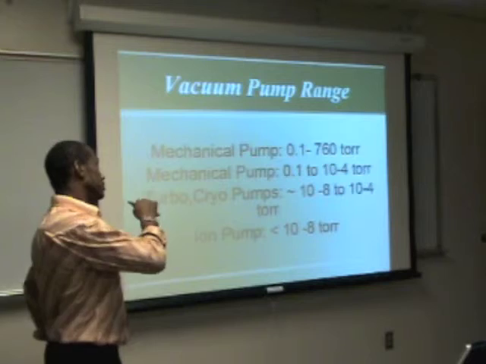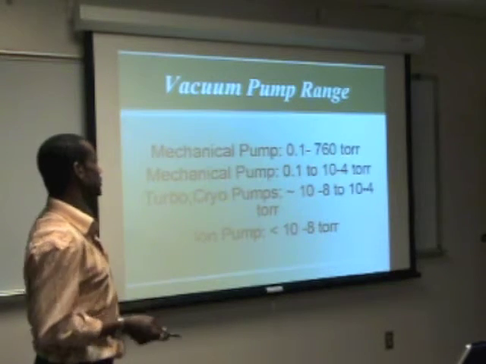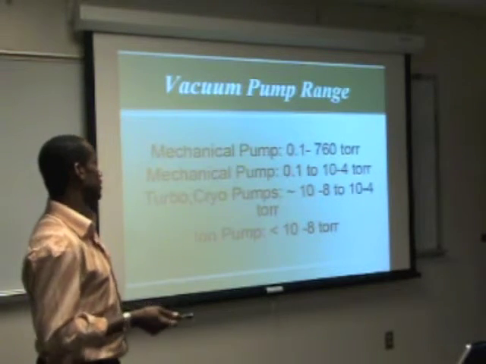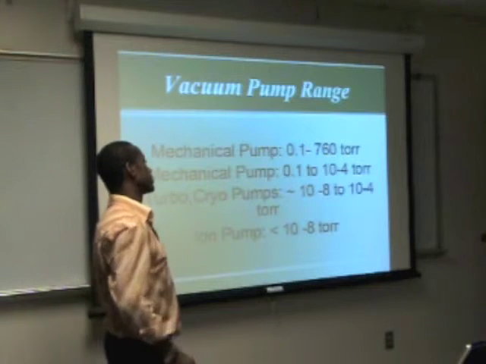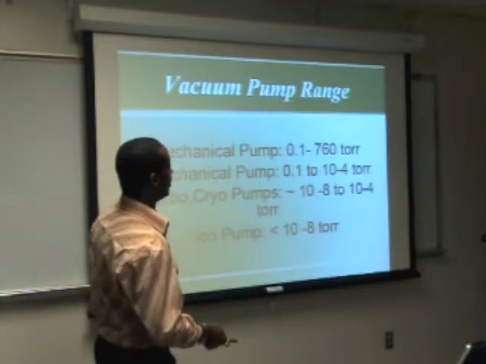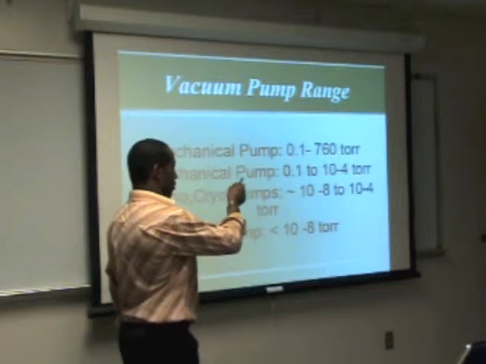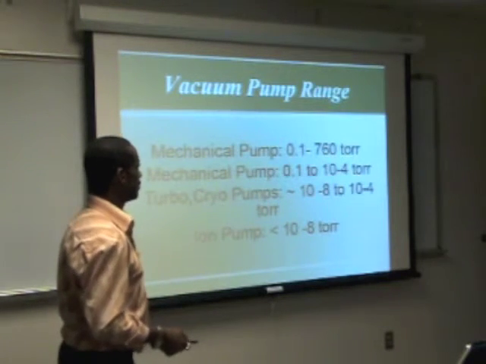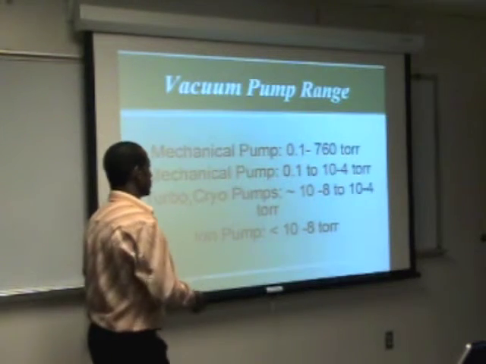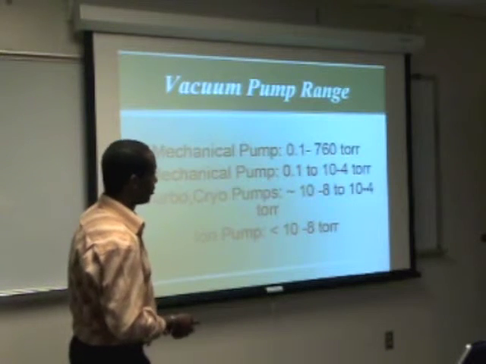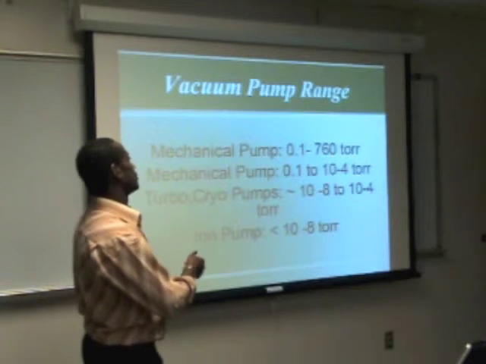This is showing you the pump ranges of our different pumps. Your mechanical pumps will pump anywhere from 0.01 to 760 torr. I think they got this backwards, but our cryo pumps will, oh no, that's right.